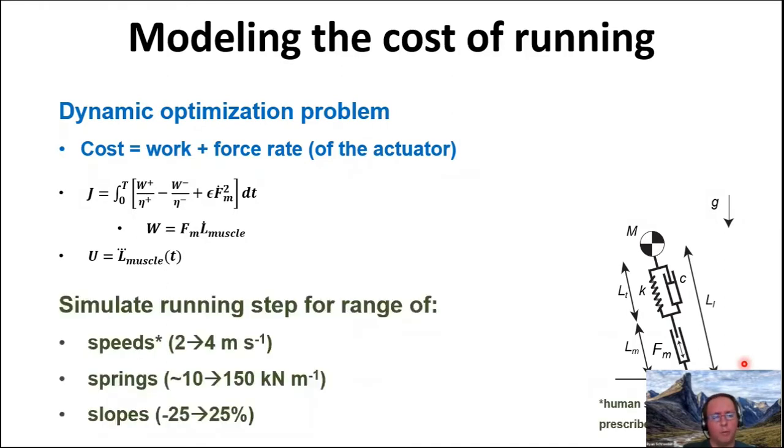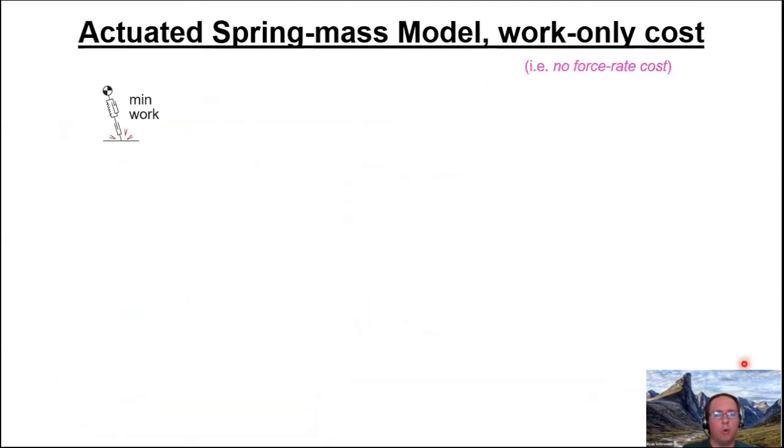So we'll simulate running over a range of speeds, spring stiffnesses, and slopes. And then we'll prescribe step length and step frequency per a given speed such that it approximately matches something like what humans do.